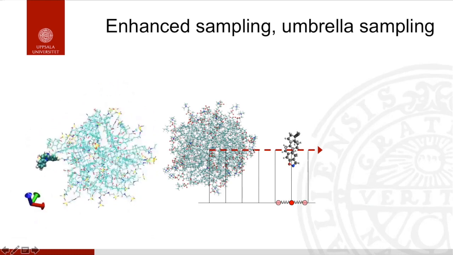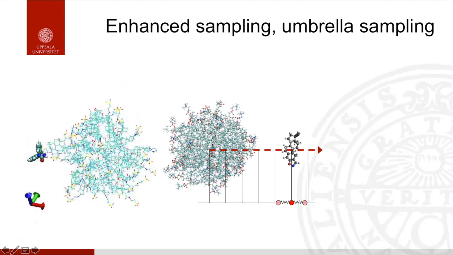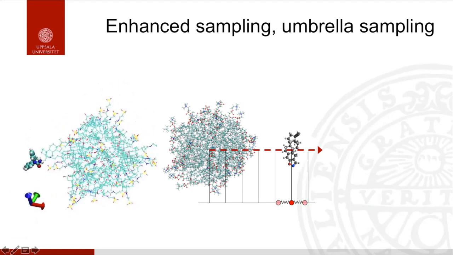We fix this degree of freedom. So this molecule is only allowed to be, let's say, within that sphere. So it cannot get closer or further away from the micelle surface. So it's either fixed at the surface, within, at some of the shells, or outside of it, with a spring potential as well.